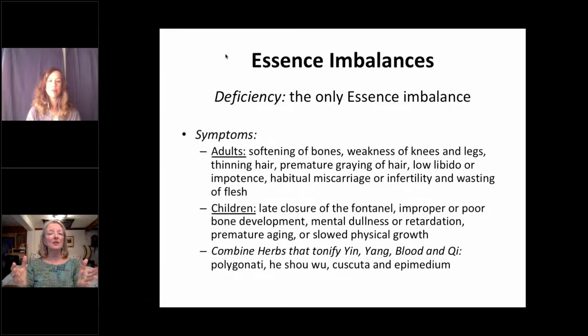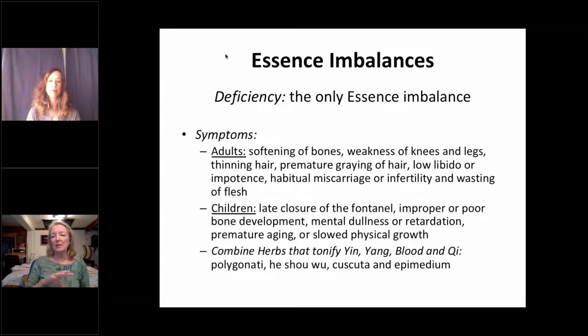What I mean by nourish is support post-heaven essence and shift some of these factors. In adults, it could be softening of the bones, weakness of the legs and knees, thinning hair. These are things that you're seeing: premature graying hair, low libido, impotence, habitual miscarriage, infertility, wasting of flesh.